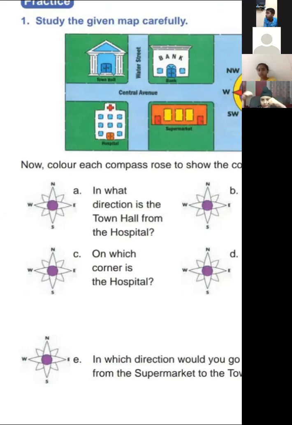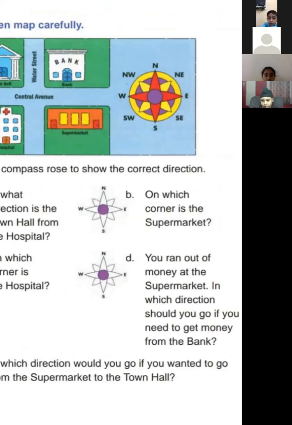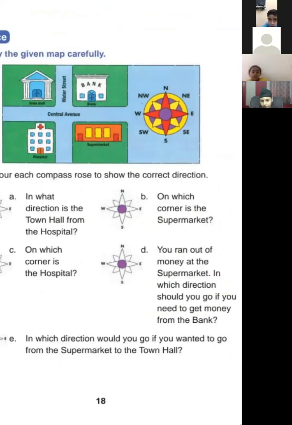Yes. Second one, B part. On which corner is the supermarket? Children, in which corner is the supermarket? Ma'am, can I tell? Yes. Southeast. Yes. Very good. Southeast.